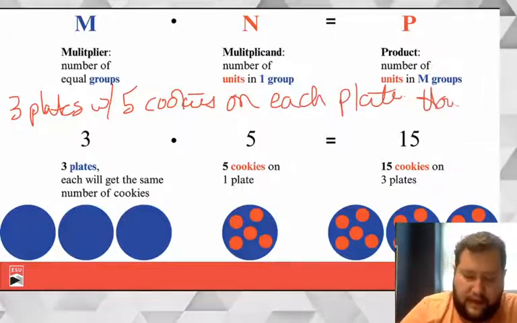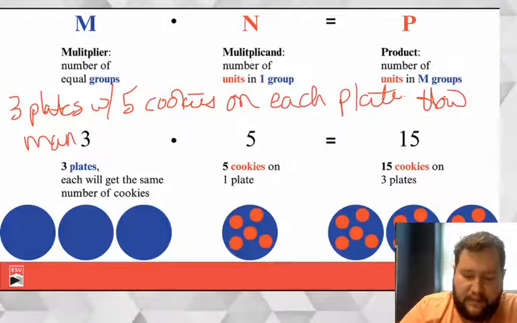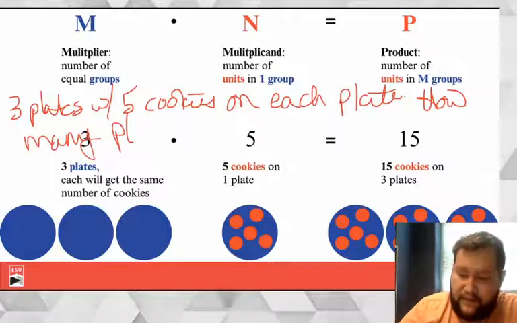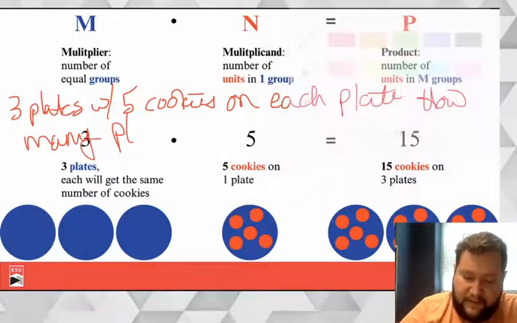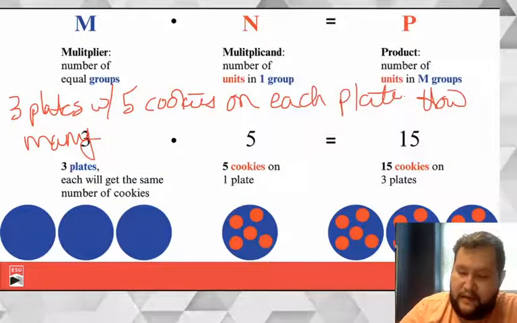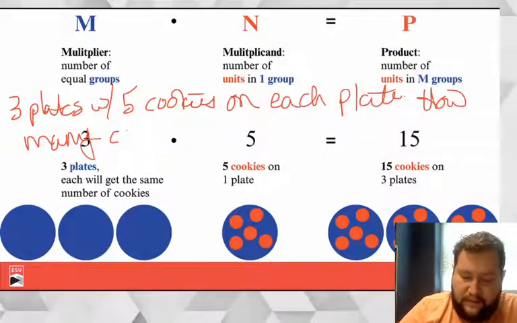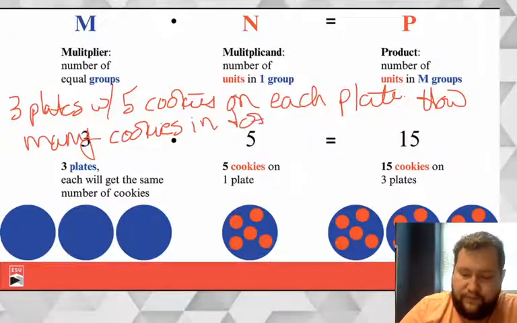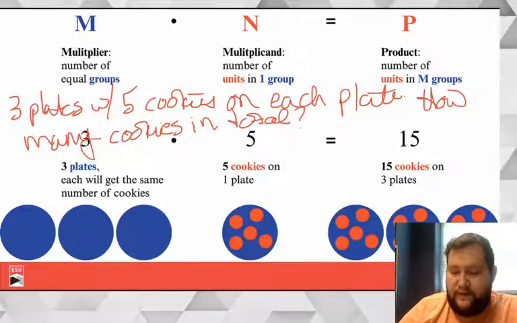How many plates? Well, I already told you how many plates. There are 3 of them. How many cookies in total? And the answer is 15.